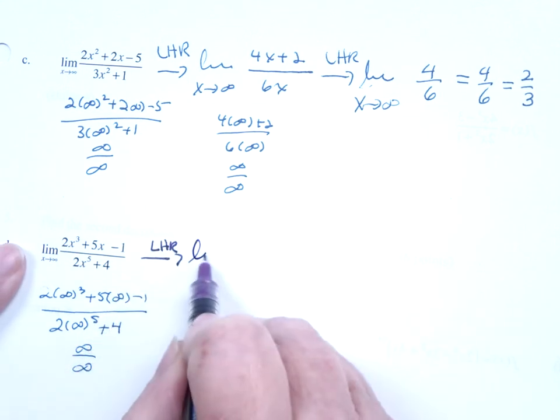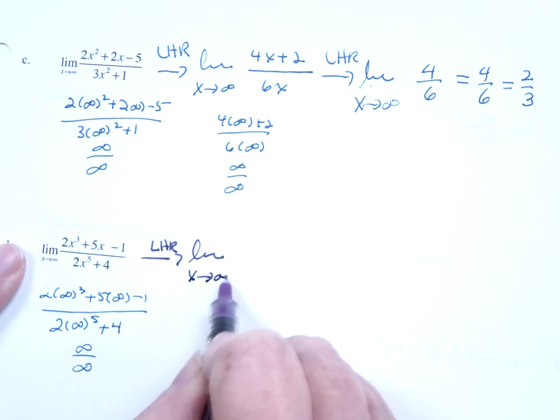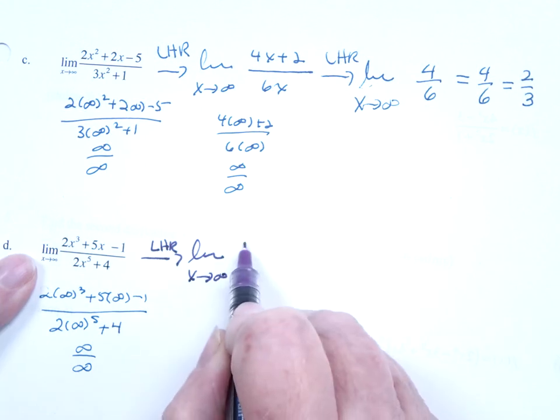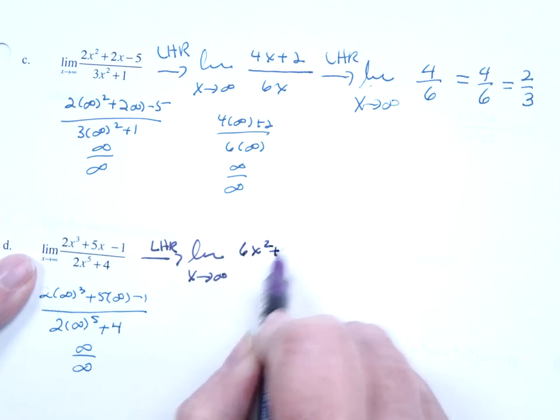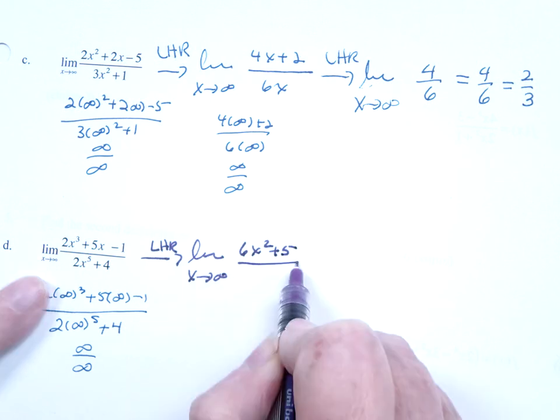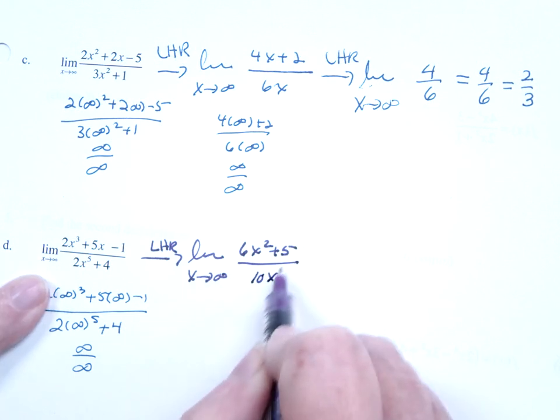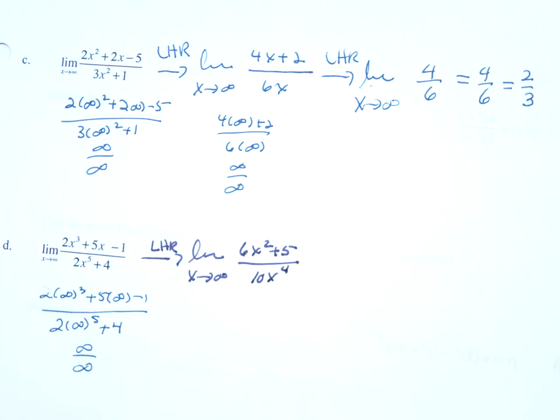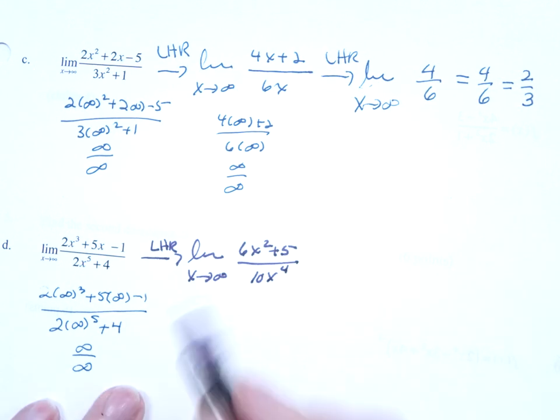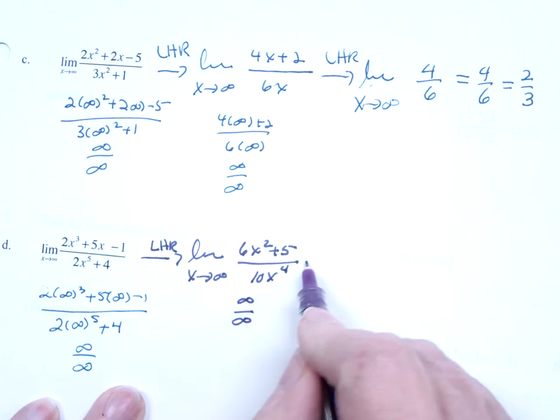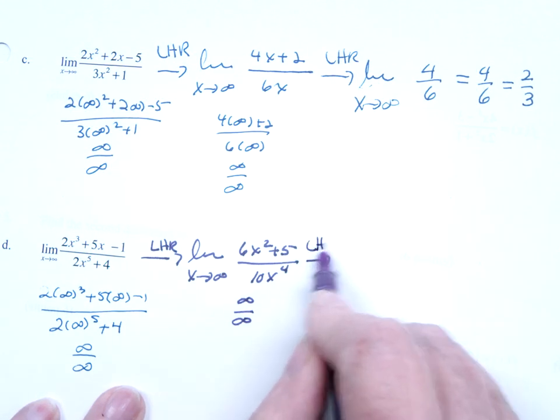So this then becomes the limit as x goes to infinity of 6x squared plus 5 divided by 10x to the 4th. Well, unfortunately, if I put infinity in again, that's going to be infinity over infinity. So I have to use L'Hopital's rule again.